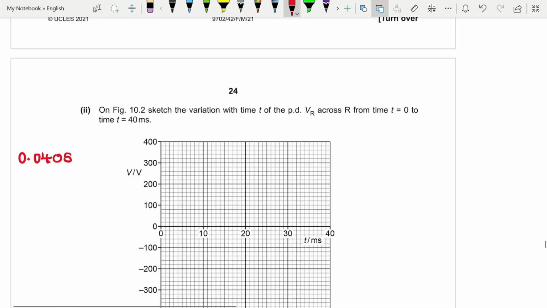We have a period of 0.02 seconds, so from 0 to 0.02 is going to be a full period. Remember our peak is 320. So we have 0, 20, 40, 60, 80, 100. So 320 is going to be here.